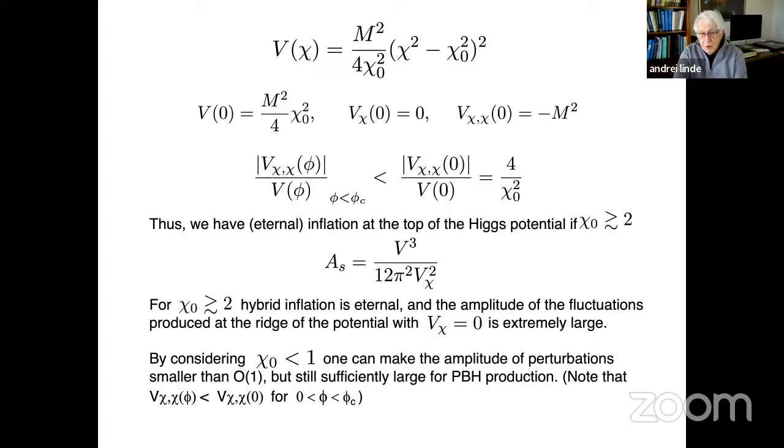So basically, this means that if the condition chi greater than Planckian mass, chi 0, is satisfied, then it is very, very natural to have extreme fluctuations of the scalar field, extreme fluctuations of density, and therefore it is very natural to expect that black holes can be produced in the process.